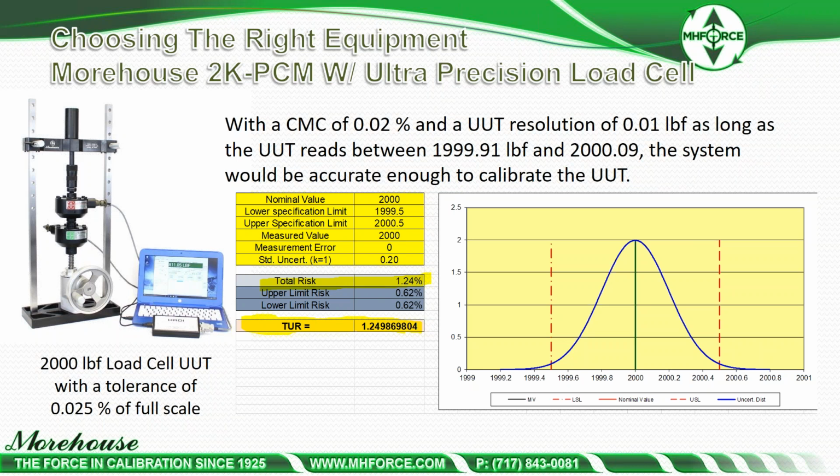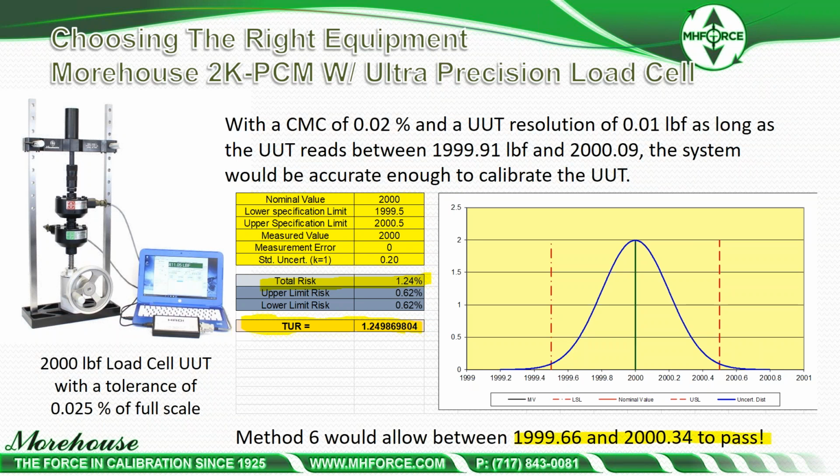So looking at this, it's interesting. The spreadsheet that we have allows you to do method 4, method 5, or method 6. If we employed method 6 here, the graph would look about the same, but that would allow us a lot more room to pass. So yes, if you had a PCM and wanted to calibrate load cells to 0.025% of full scale, you could do it with both methods.